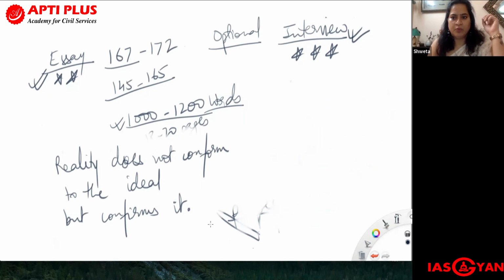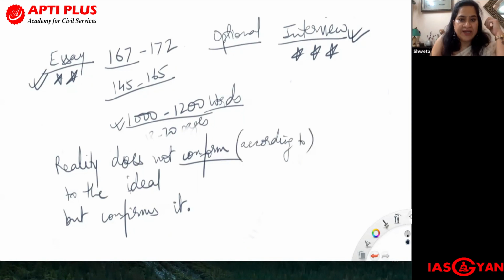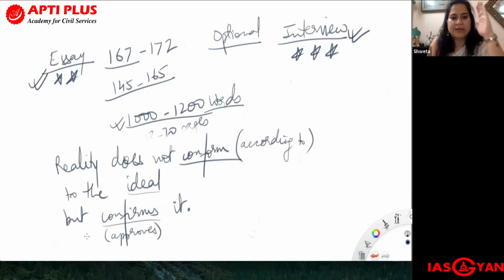What does it imply, right? So the moment I say reality does not conform, what does the word conform mean? So यहाँ पर इसका meaning हुआ according to. So reality is not according to the ideal but confirms it. Confirms means it approves it. ठीक है, उसको approve करता है, उसको re-establish करता है. तो but confirms it. It किसके लिए है?